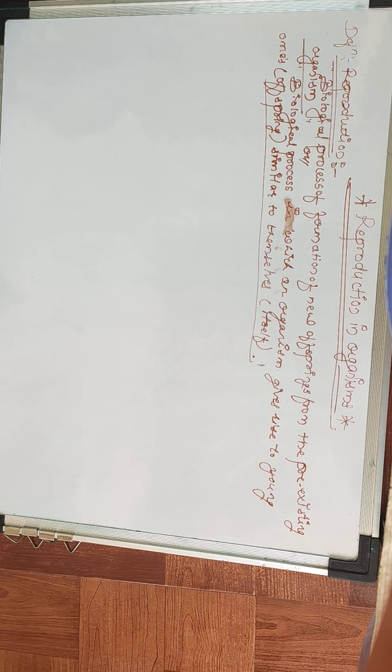Okay, now, offsprings matured and produce a new organism, that we know. Whatever offsprings are produced, they grow, they mature, and finally they produce a new organism. So what is the significance of reproduction?